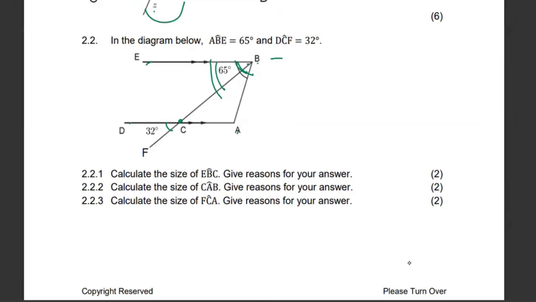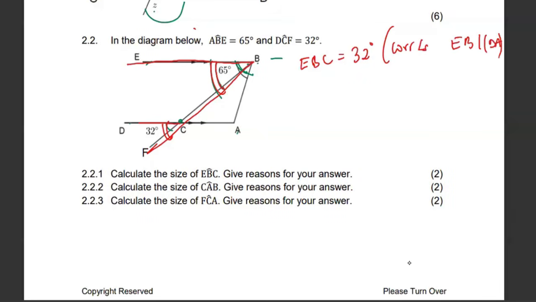From what I'm seeing, we're creating some sort of F. If we look at this, the size of this angle should be the same as the size of that angle. So this angle EBC is going to be 32. Corresponding angles because EB is parallel to DA.